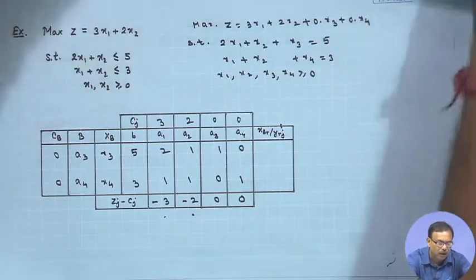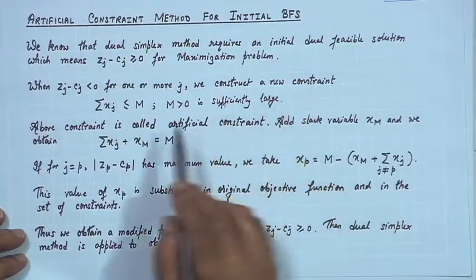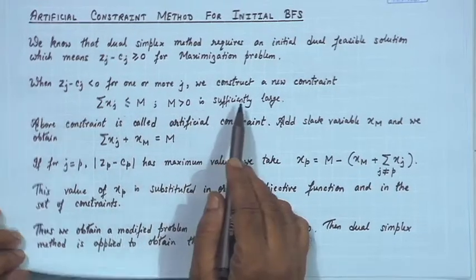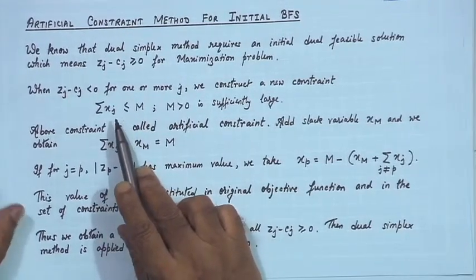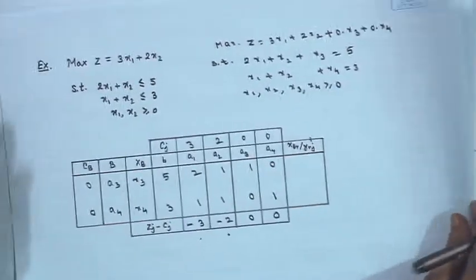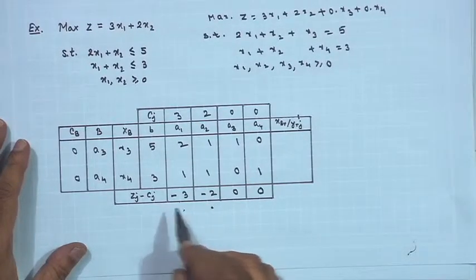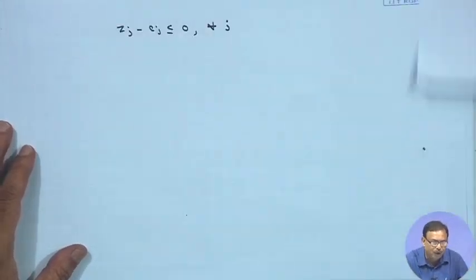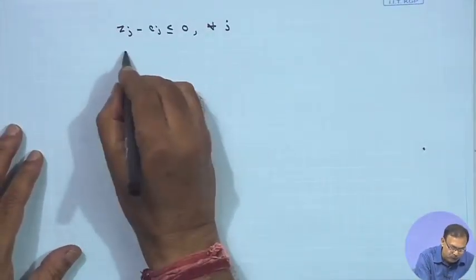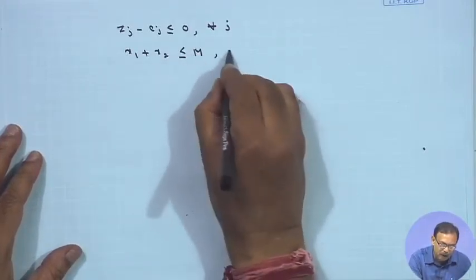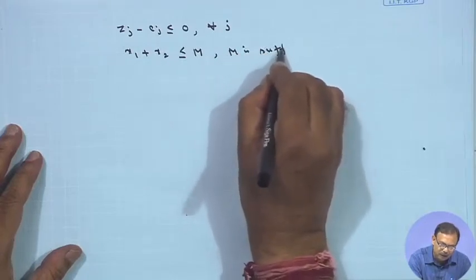So, if you remember the artificial constraint we wrote earlier, I will create a new constraint where the summation over x j should be less than equals M, and M is very large. So, what is the value of j here? j will be 1 and 2, because only for 1 and 2 you have negative values for z j minus c j. Therefore, your constraint will be x 1 plus x 2 less than equals capital M, where M is sufficiently large.